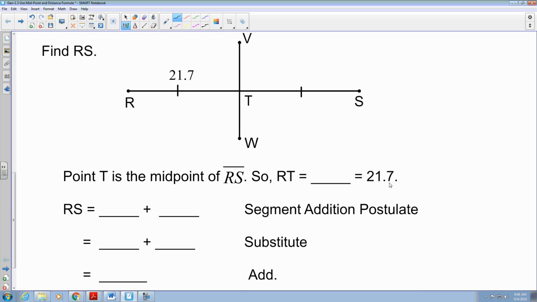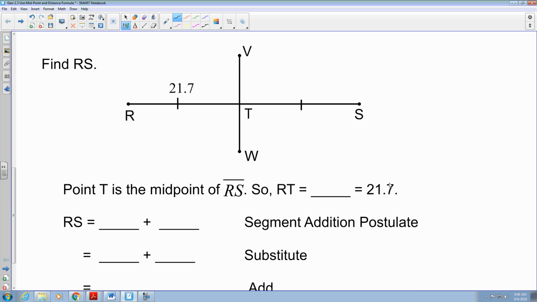So looking at some examples, they want us to find the value of RS. So RS is this entire line segment. What they told us is we have line segment RT, which is 21.7, and we have line segment TS, which doesn't have a measurement, but we have these hash marks saying that they are equal.